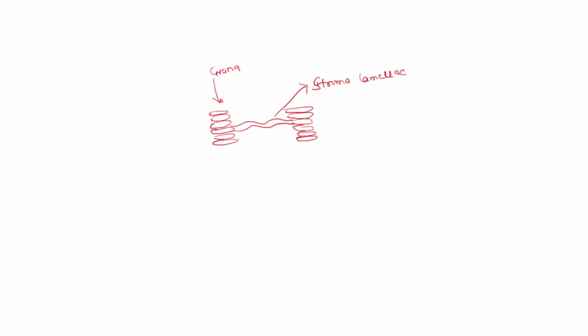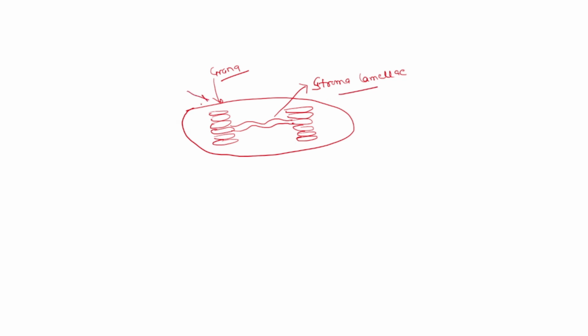Stroma lamellae are the bridges connecting the stacks of thylakoids called grana, and they are present inside the chloroplast. They are both membranous structures. Still, stroma lamellae are not identical with grana. Something is missing from stroma lamellae.